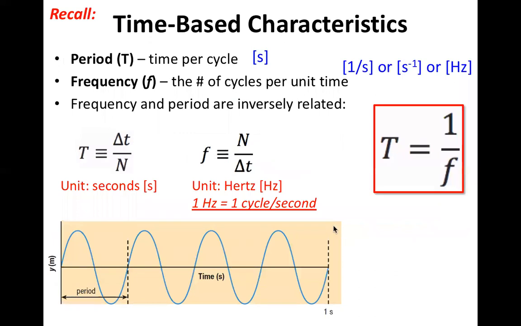There are also the time-based characteristics of sound. We have period, which is the time for one cycle, or frequency, which is the number of cycles for one unit of time. The number of cycles per unit of time will indicate how high-pitched or low-pitched, or the tone of the musical note.